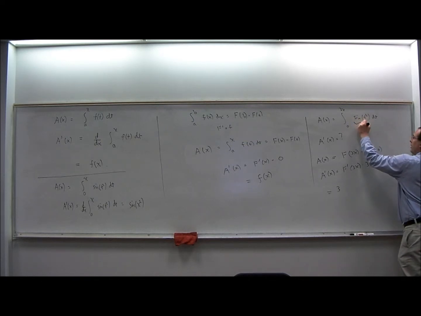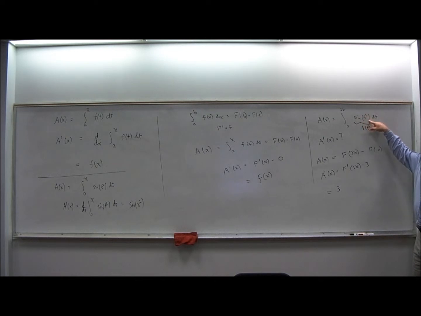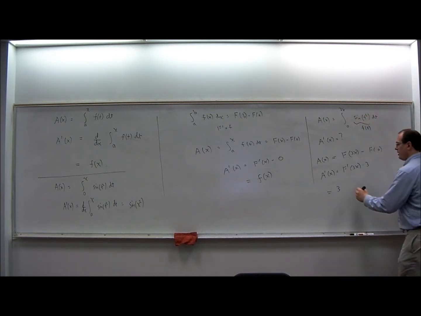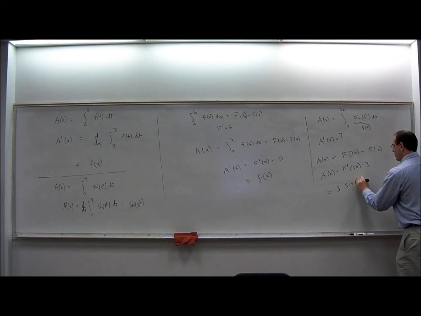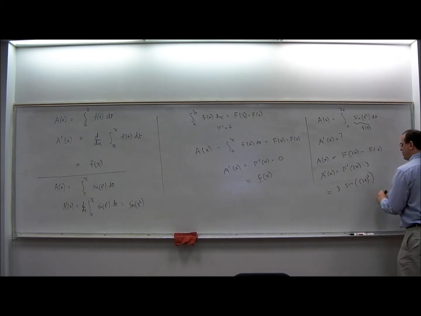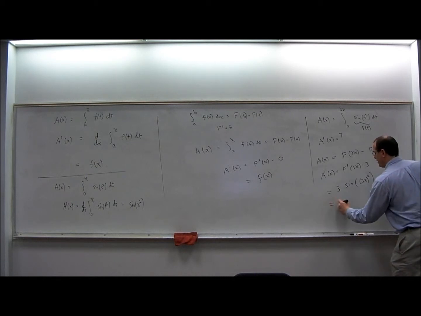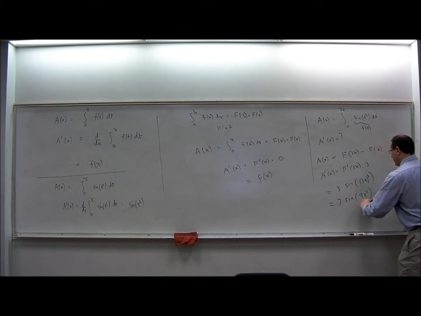This here is little f of t. So capital F prime is the function that we see as the integrand in the area function. So this would be the sine of, instead of t squared, we're inputting 3x, the sine of 3x quantity squared. And we could rewrite that as 3 times the sine of 9x squared.